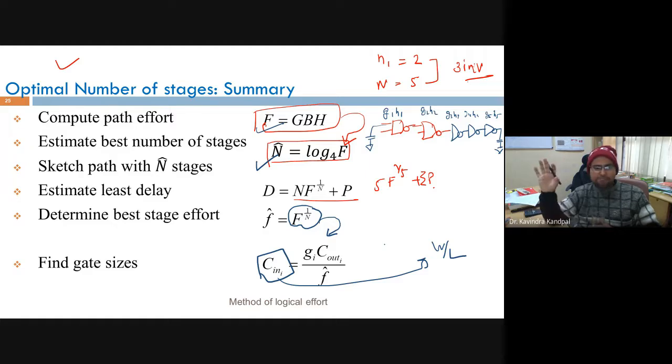I would advise checking whether only two stages of gates are good enough to provide sufficient driving current. If they are not enough and you're not getting it from the method of logical effort, then you are basically adding an extra number of inverters to drive the same load. You're getting my point? Yes or no?